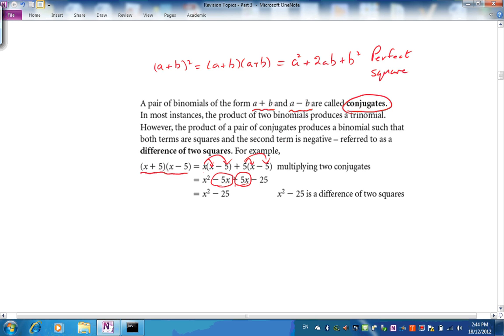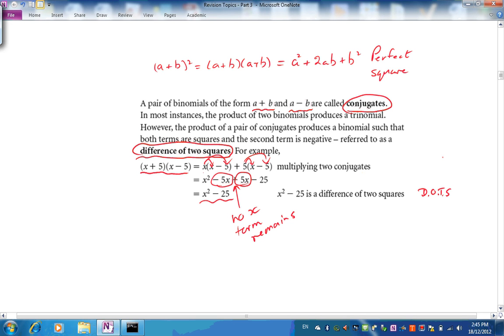Negative 5x plus 5x gives no x term remaining. So that's another special case. You actually only get two terms at the end. You get the first one squared minus the second one squared, and that's called the difference of two squares, or DOTS if you like.